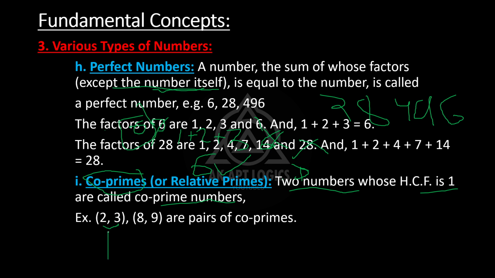For example, 8 and 9 are composite numbers, not prime numbers, which means co-primes relate to all numbers, not only prime numbers. If you take the HCF of 8 and 9, you get one. The topic of HCF we are going to discuss in further classes.